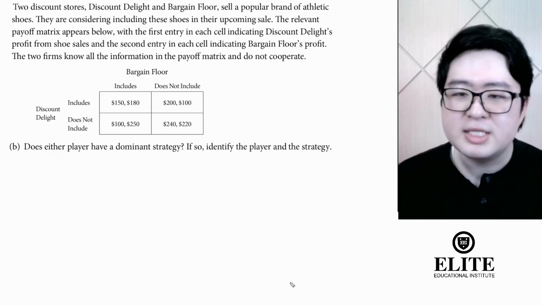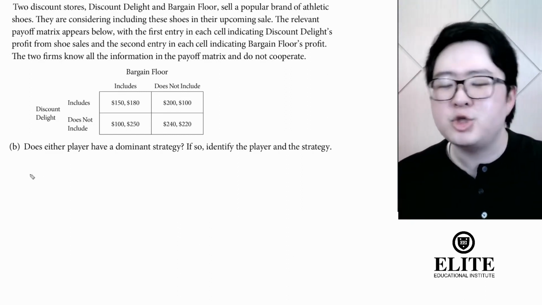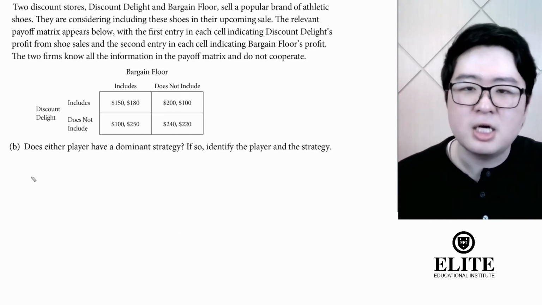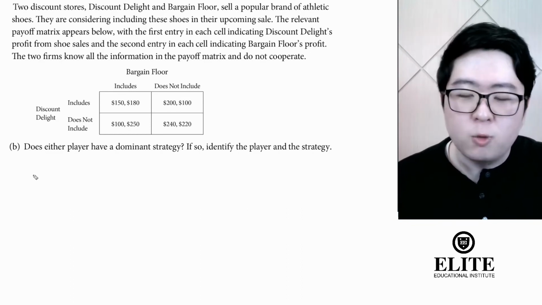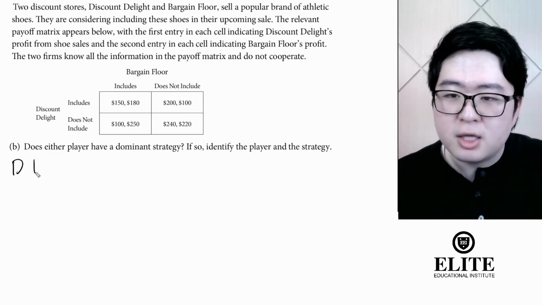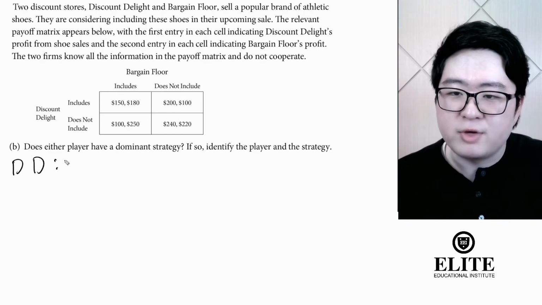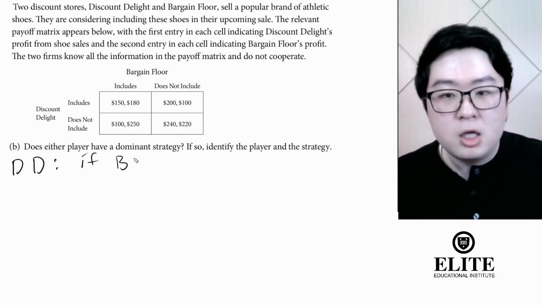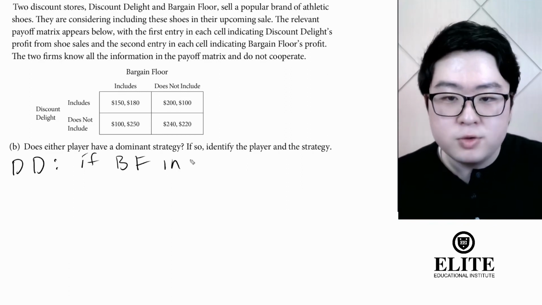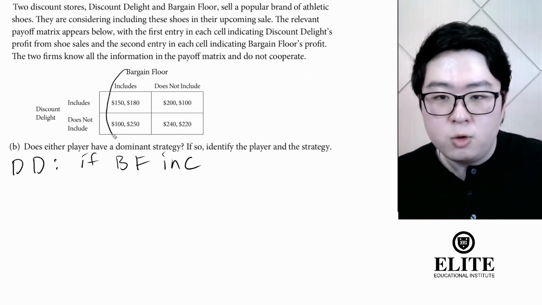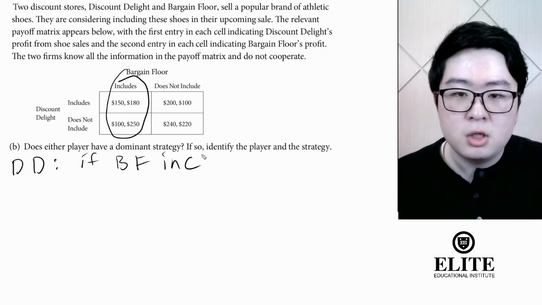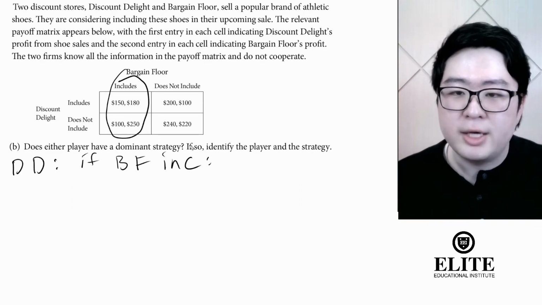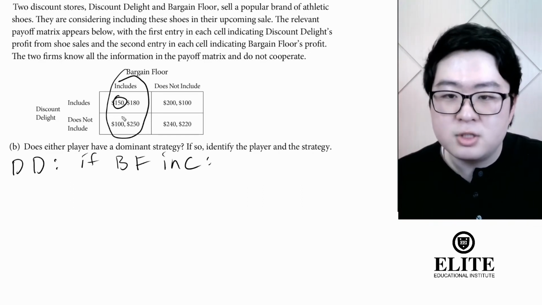And all we have to do is consider how each player is going to react in the case of the other player choosing one strategy or the other. So let's consider the case of Discount Delight, abbreviated DD here first, right? So if Bargain Floor includes, right, we're faced with one of these two, right? Remember, Discount Delight's profits are on the left, right?